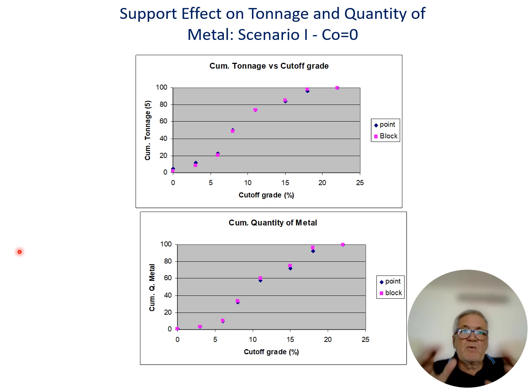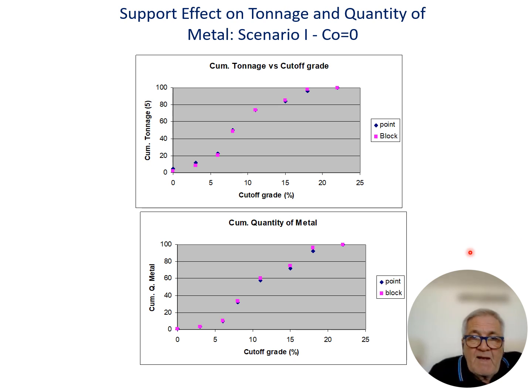Now let's see the support effect on tonnage and quantity of metal. For scenario 1, which means with no nugget effect, the pattern is pretty much continuous. As you can see, the points are the blue dots, and the blocks are the red blocks, and you almost don't see any difference in the tonnage, the quantity of metal, and so on.